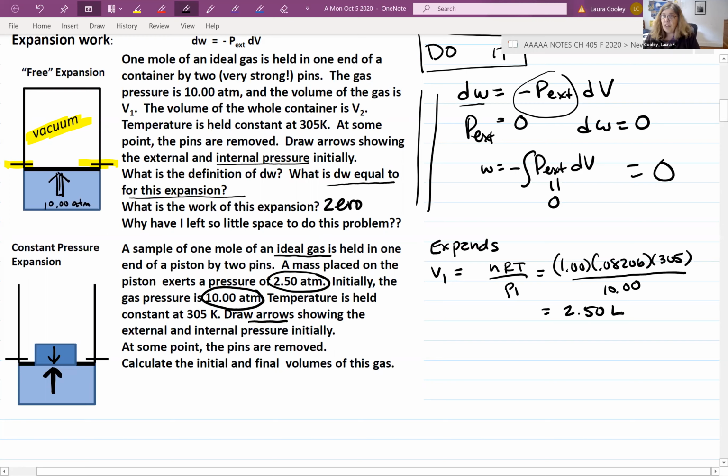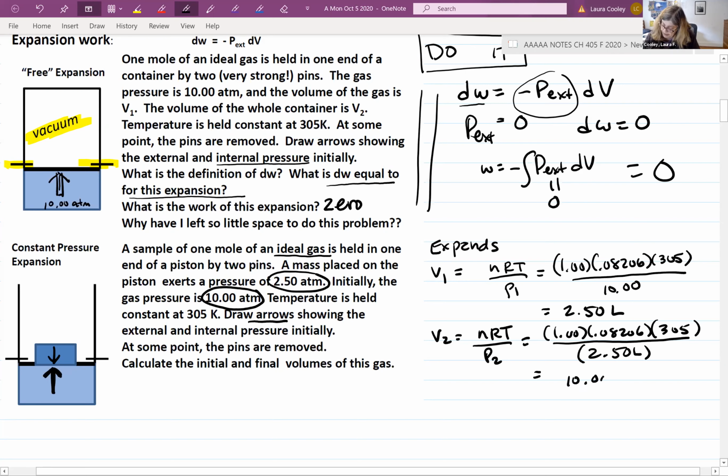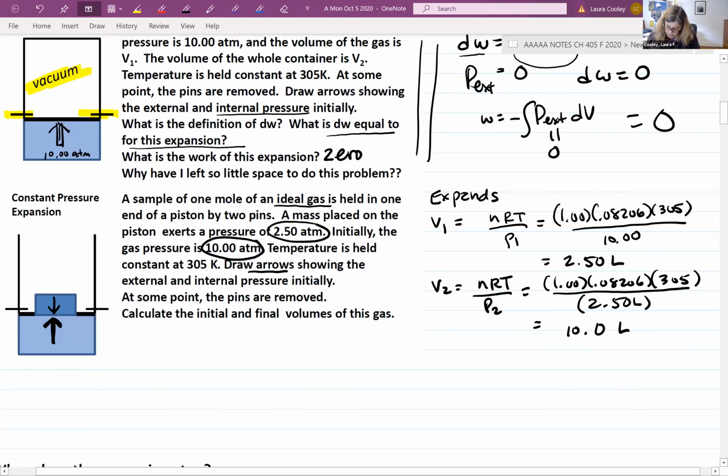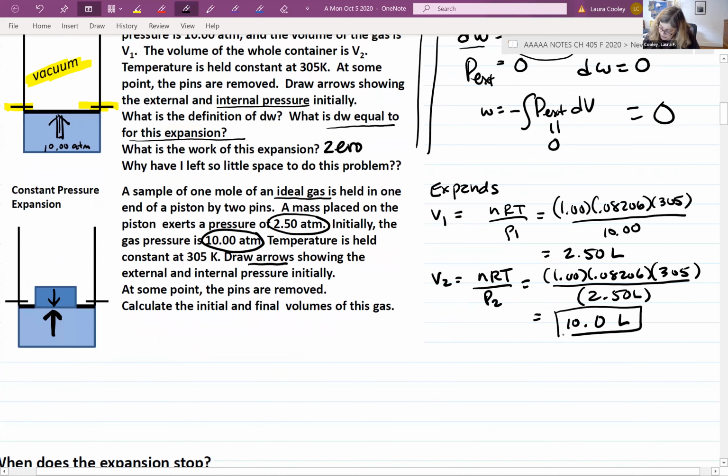That's the initial volume. And the final volume, so now it's the same on top, and P2 is 2.5. So this comes out to 10 liters, or 3 sig figs really, 10.0. So that's what the final volume is.